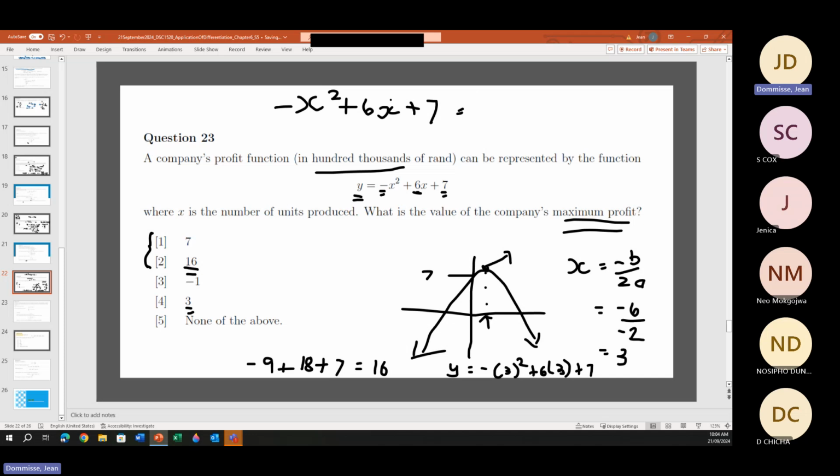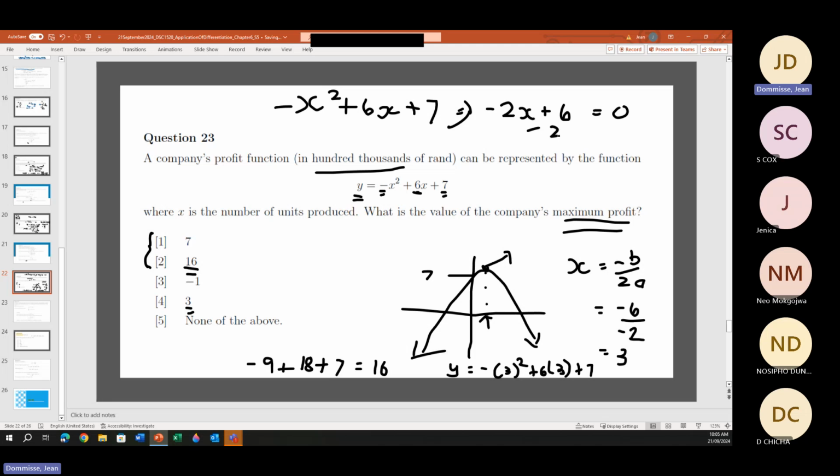If you differentiate that, it becomes minus 2x plus 6 is equal to 0.